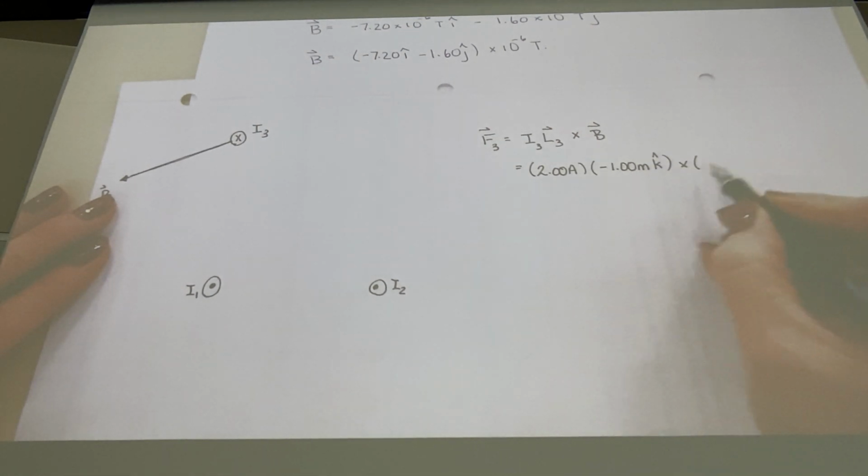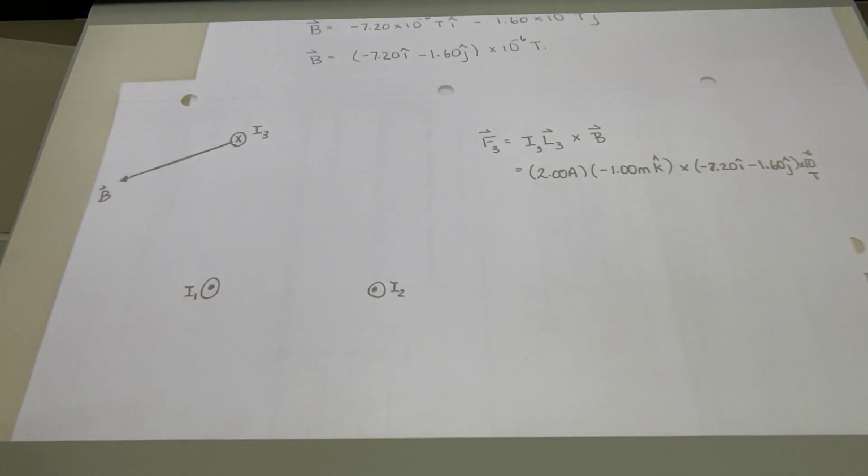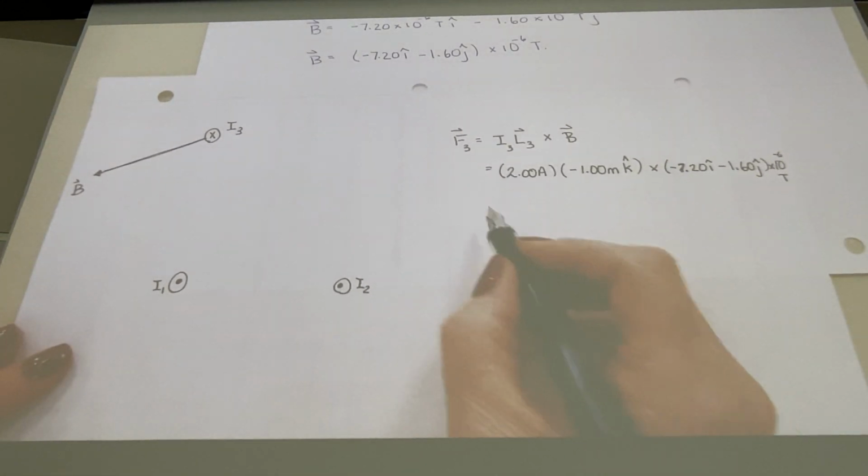And that's going to be crossed with the magnetic field, which is minus 7.2 I minus 1.6 J times 10 to the minus 6 Teslas. Okay, so there's our cross product. Let's see if we can simplify this a little bit.